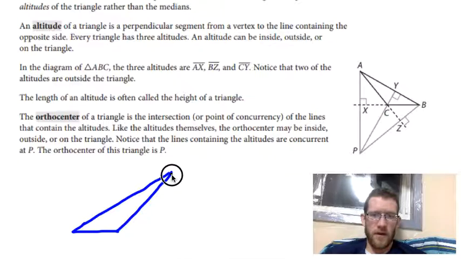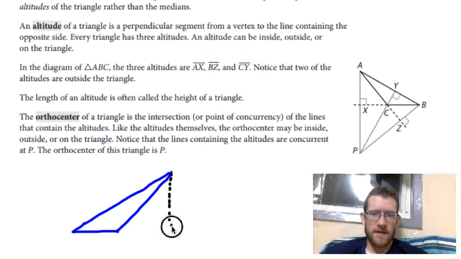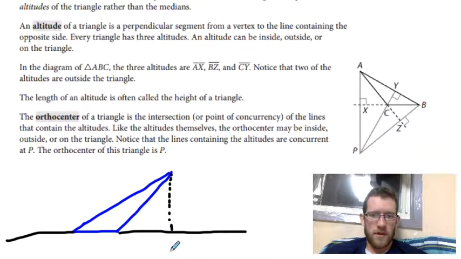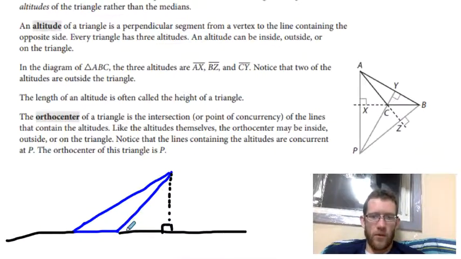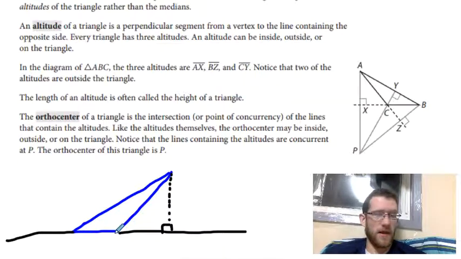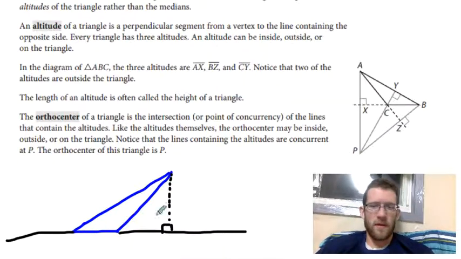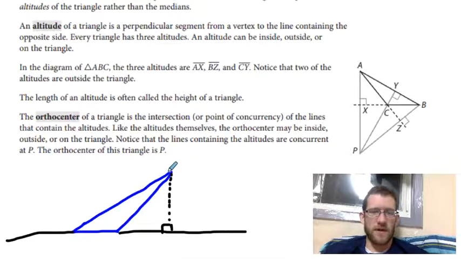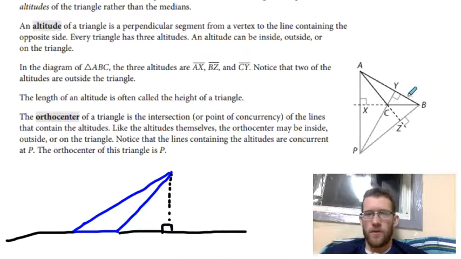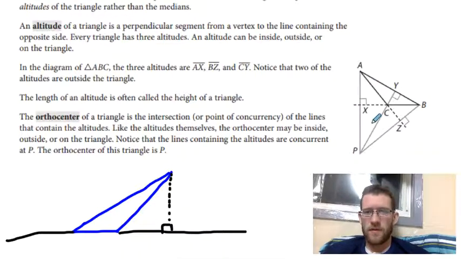You would measure right here, the distance it's standing on the ground. So again, we're going perpendicular to this side, or the line at least containing this segment, and we're going through the opposite vertex.